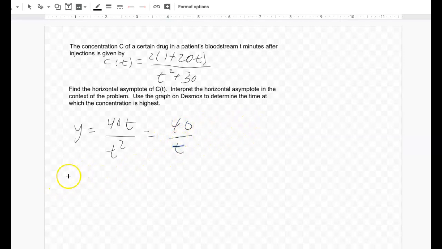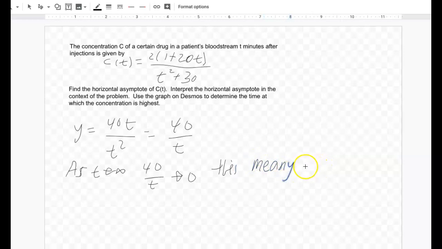And as t goes to infinity, 40 over t goes to 0. So this means the horizontal asymptote is y equals 0.